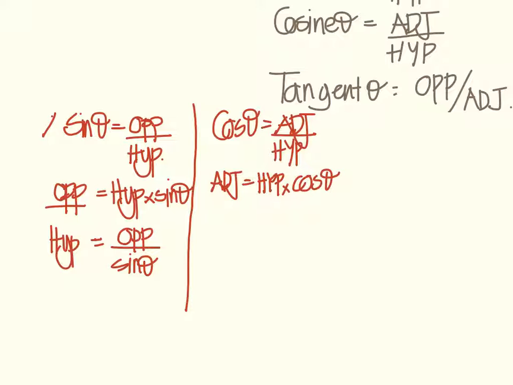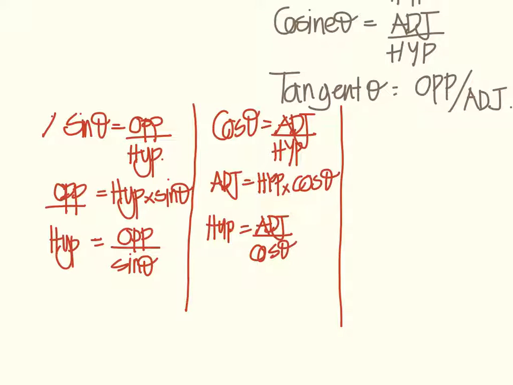And it also means that if we're looking to find the length of the hypotenuse, that is equal to the length of the adjacent side divided by the cosine of theta.